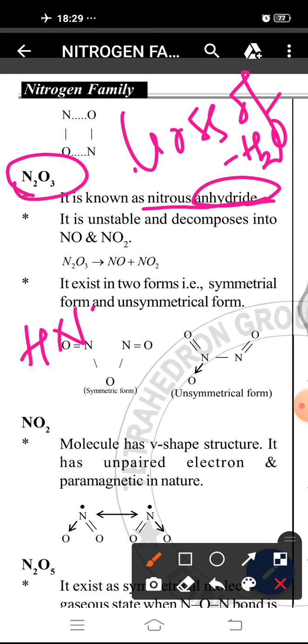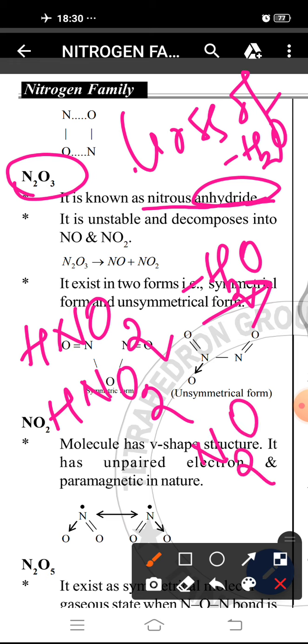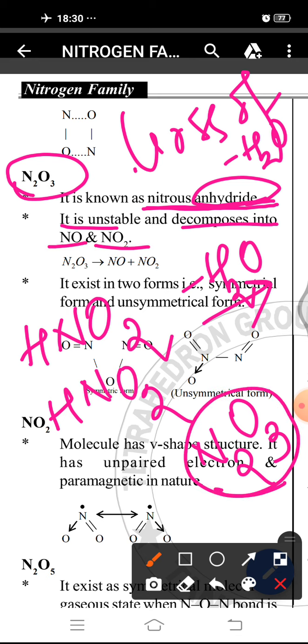It is HNO2. If we lose an H2O molecule from HNO2, the remaining product will be N2O3, so it is known as the anhydride of nitrous acid. It is unstable because it decomposes to give NO and NO2.